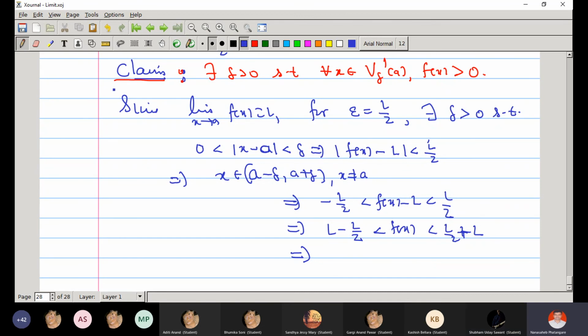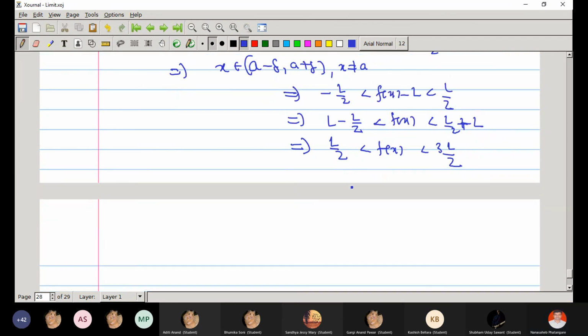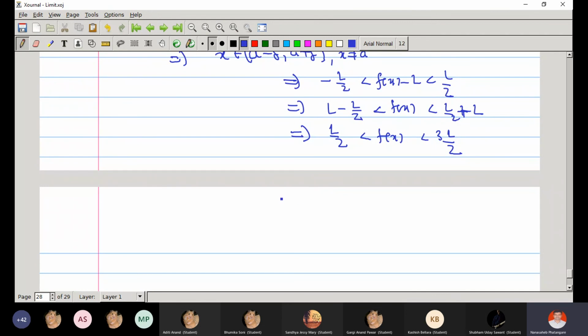Okay, now what does it mean? L by 2 is less than f of x, which is less than 3L by 2. Is it correct? Yes. So ultimately what we get is, therefore, f of x is positive.